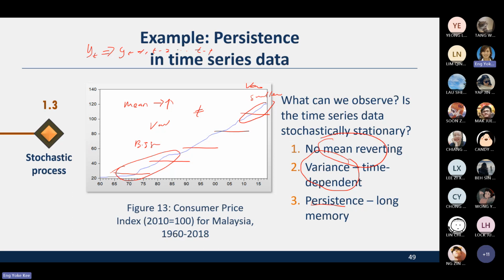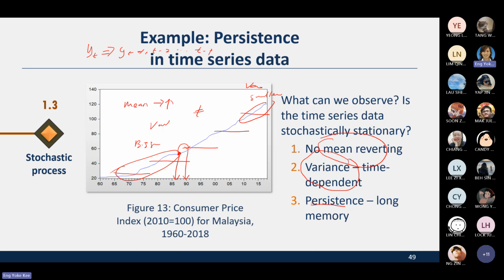Because of this persistency, data tend to show a trending pattern. Let's say, for example, this is the amount of data that you see. What will be the next period? Your behavior in the next period is also influenced by your last period.